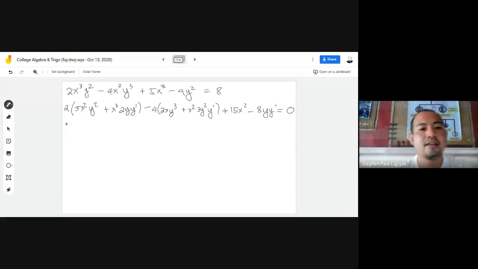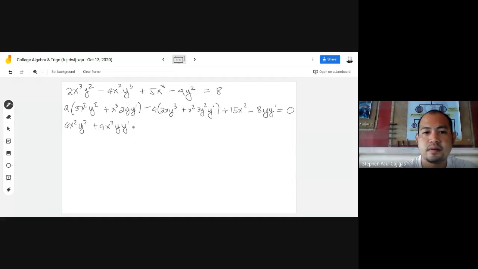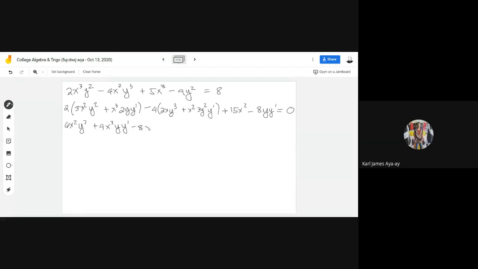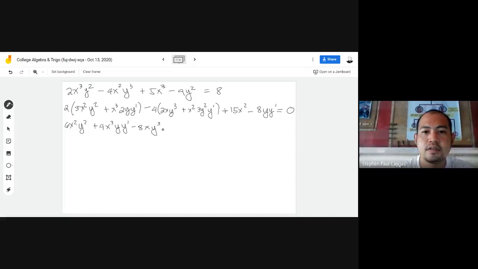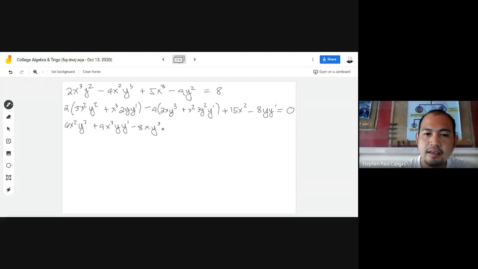Sige, simplify kita, magiging 6x squared y squared plus 4x cube y prime, tapos minus 8x y cube, plus tapos 12... magiging minus.